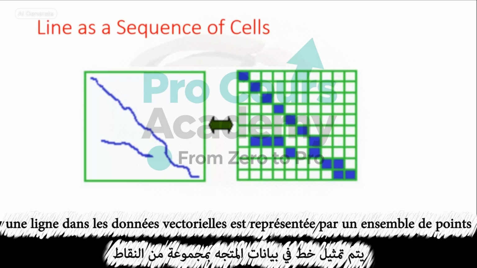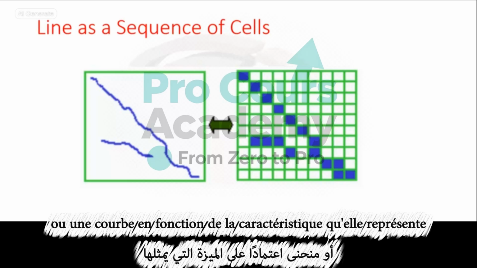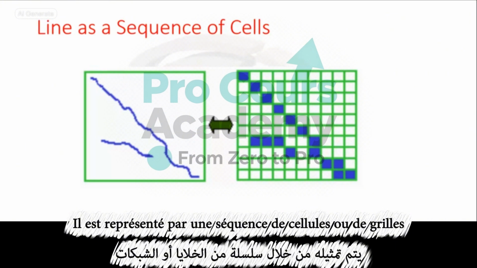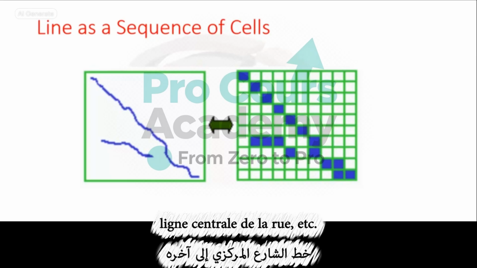A line in vector data is represented by a set of points that make up a straight line or a curve depending upon the feature it represents. Whereas in raster data, it is represented by a sequence of cells or grids. Examples of lines are rivers, street center lines, etc.